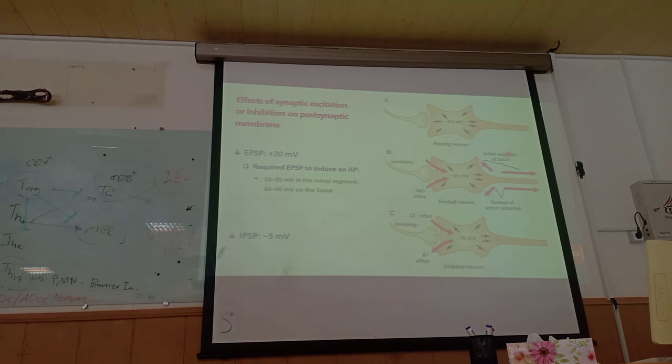In dendrites we don't have enough of them. So if we have a change of potential, sodium channels are not there to be opened. So this potential should be conveyed from the dendrite to the axon. In the axon, we have a lot of sodium channels and potassium channels. So if this potential is conveyed to the axon without any decrement, without any decrease, it may activate sodium channels in the axon. And from this point, we will have action potential.